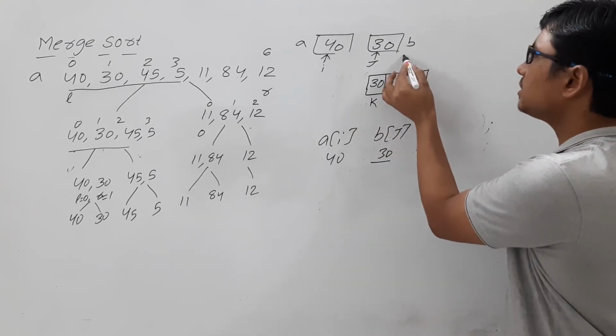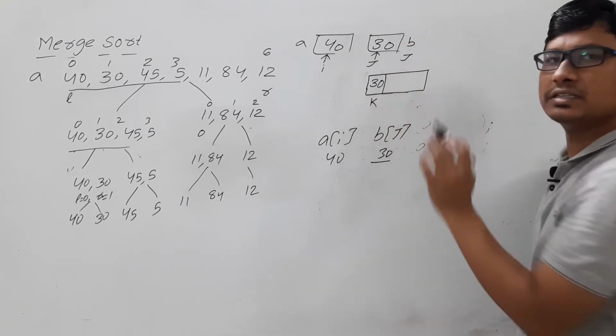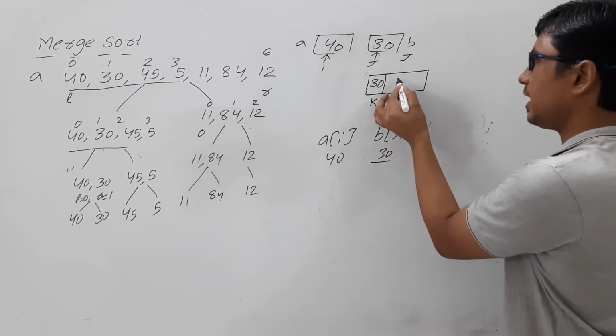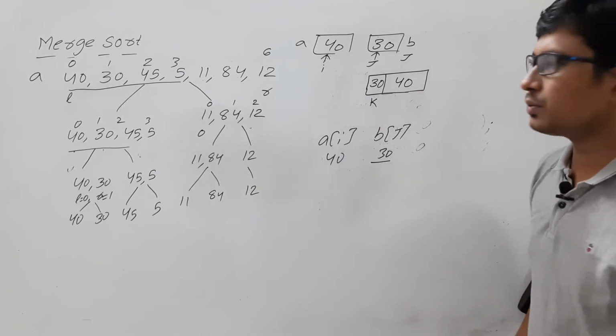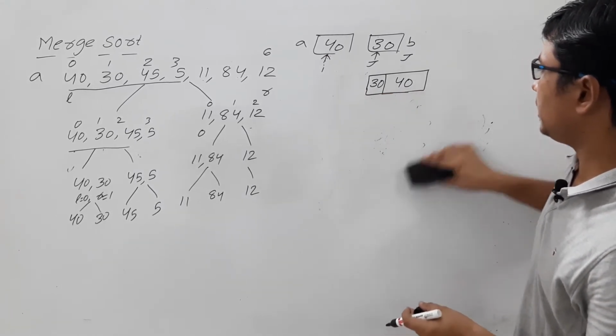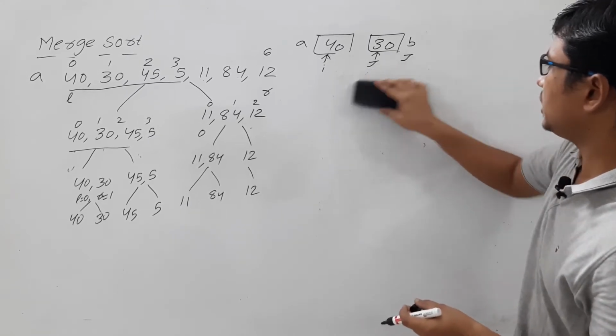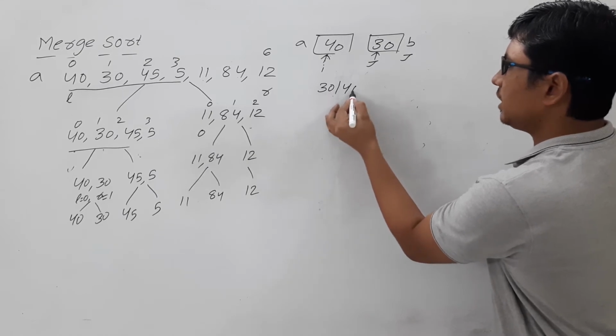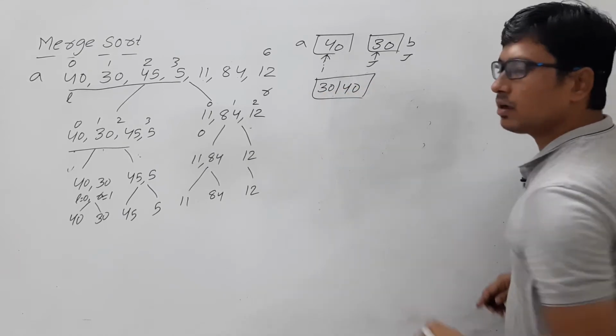Now you increment the J value. There are no elements left in array B, so you place all the remaining elements of array A here. So from 40, 30 we have merged and we got an array consisting of two elements, 30 and 40. Is it clear?